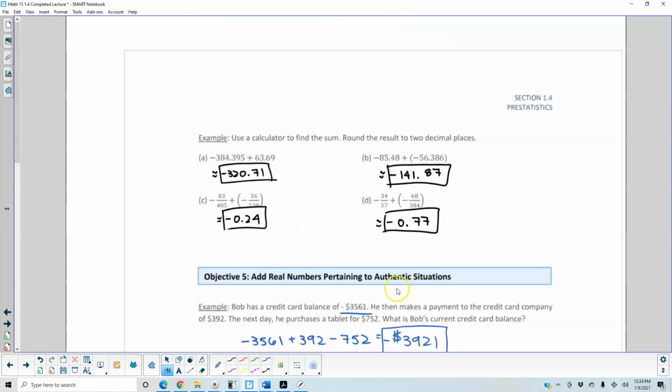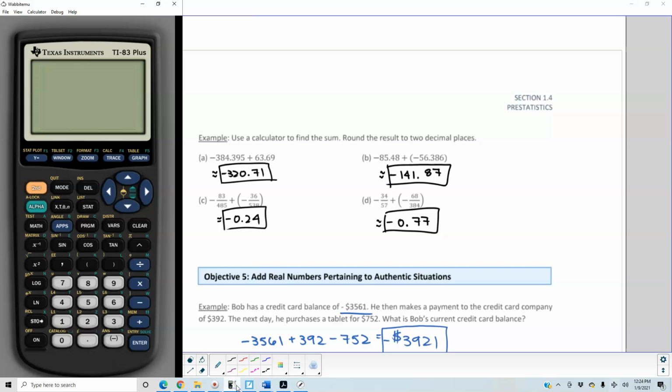Okay, now we want to be able to use the calculator to find a sum, so you want to practice using your calculator. Let's round the results to 2 decimal places. Make sure that when you're on a calculator, you use the negative sign, not the minus sign. If you use the minus sign for the negative, it's not going to work.